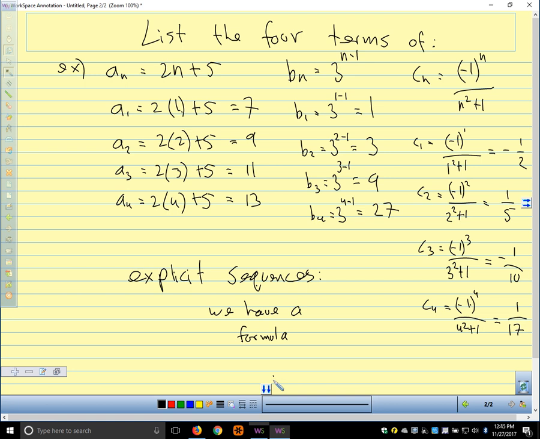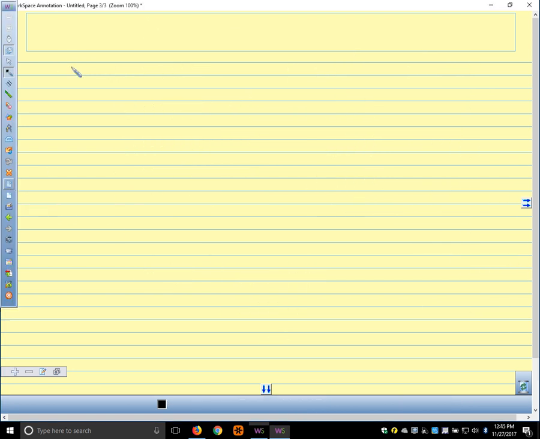So we can also have what we call recursive sequences.